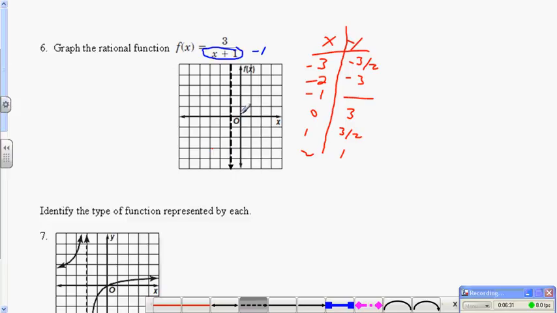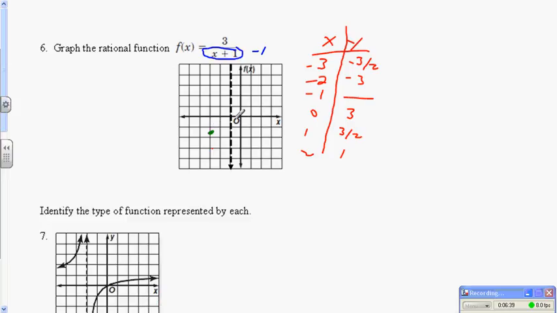Okay. Sorry. Alright, so at -3 it is -3.5. At -2 it's -3. Undefined. At 0, it's 3. At 1, it is 3.5.